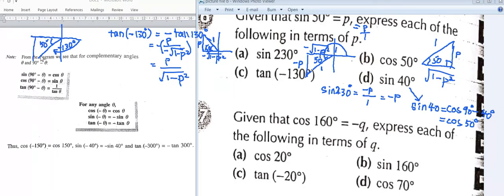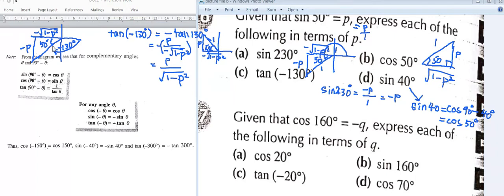Now using the basic angle, it would be minus P over minus square root of 1 minus P squared.